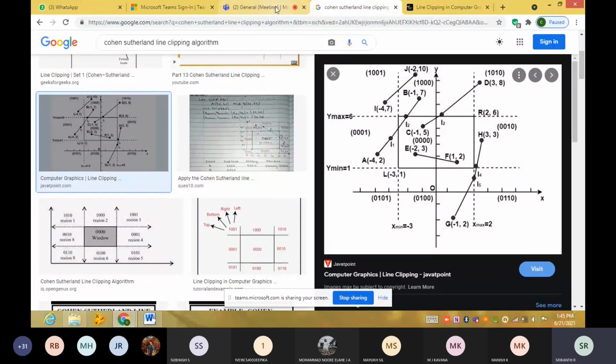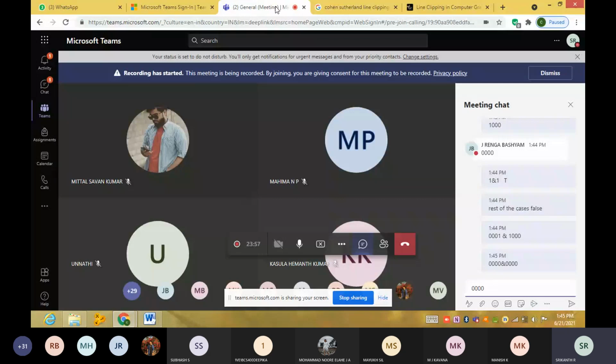See guys, if you make the AND operation of the end points of a line, if you get any bit as 1, it means the line is not lying inside the window. If you get all the bits as 0000, it means some part or all is lying inside the window.